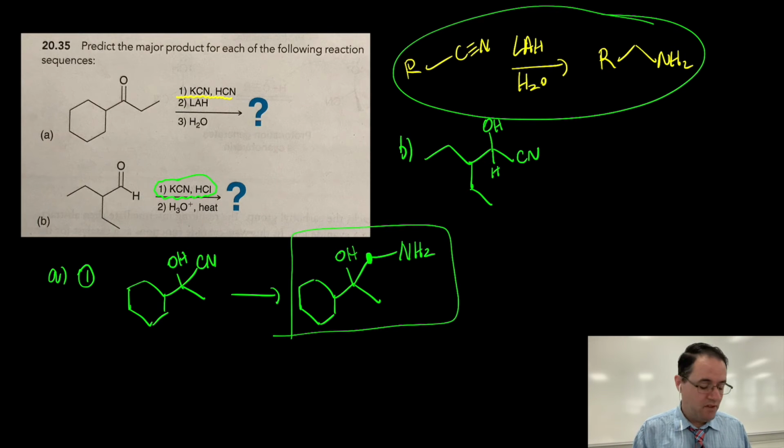So here we form the cyanohydrin in step 1. And then in step 2, we're going to add H3O plus and heat. And what the textbook teaches you is to draw the carboxylic acid. Once again, I do not like talking about the hydrolysis of nitriles here in this chapter because it's something we talk about in the carboxylic acid chapter. Okay? But if you treat this with H3O plus and heat, that's going to go on to make the carboxylic acid.